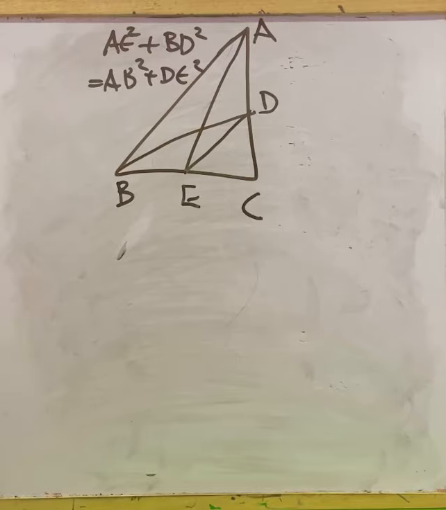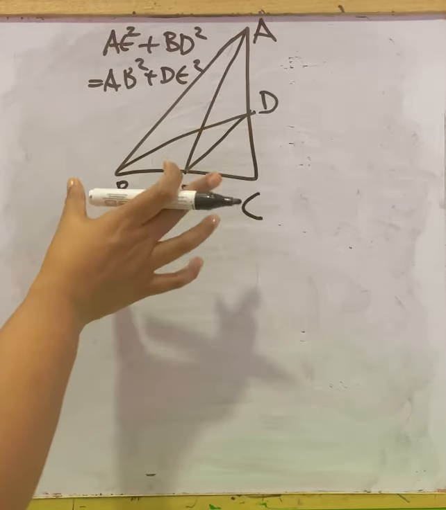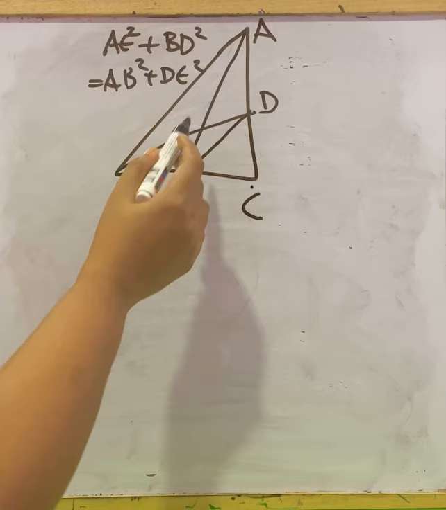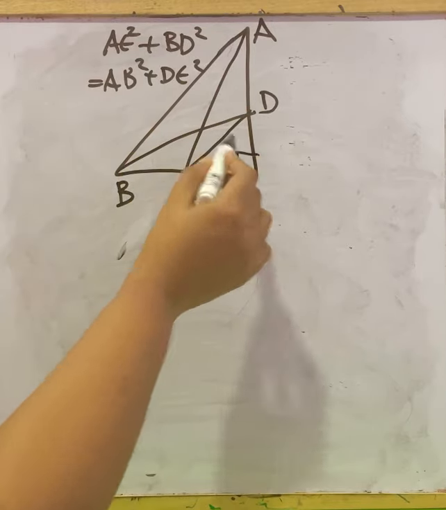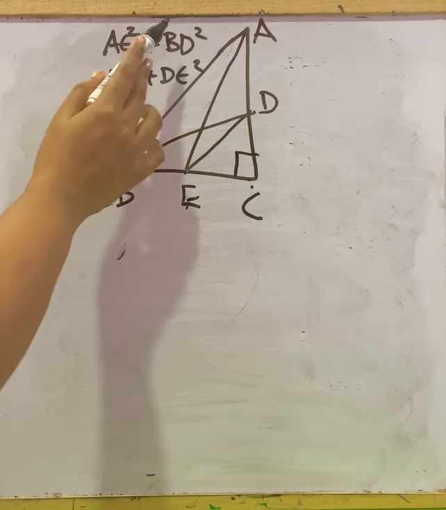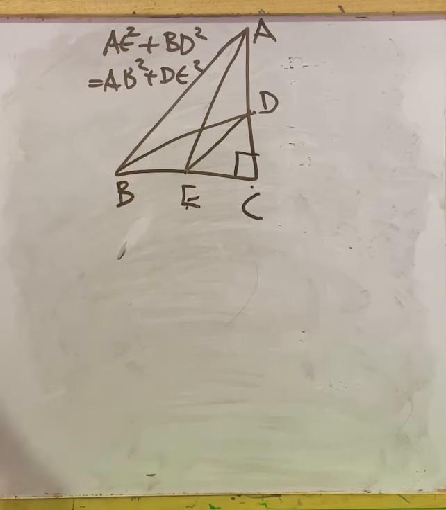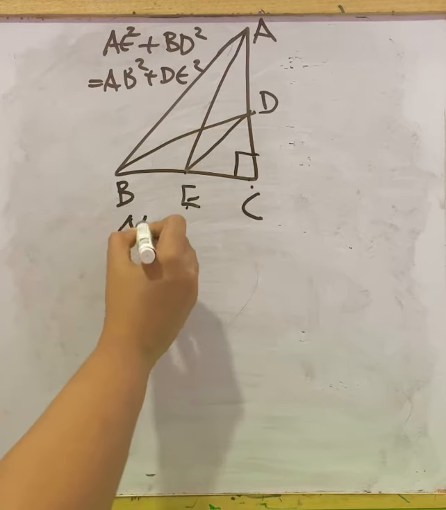Next question. D and E are points on the sides CA and CB respectively of a triangle ABC right angled at C. Prove that AE square plus BD square equals AB square plus DE square. Here we can see so many right triangles. First we will consider triangle ACE.